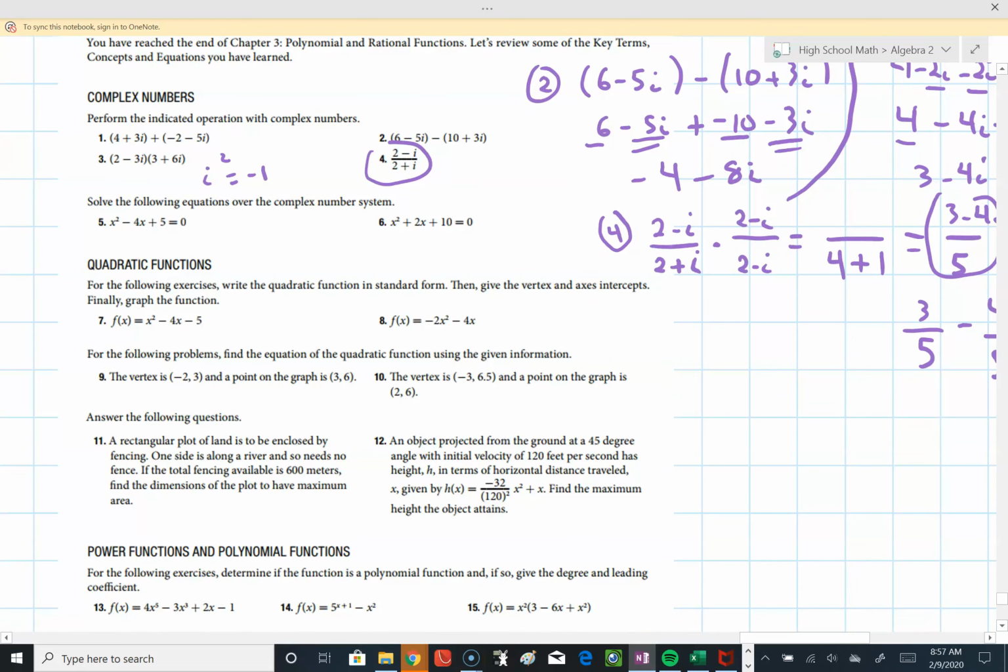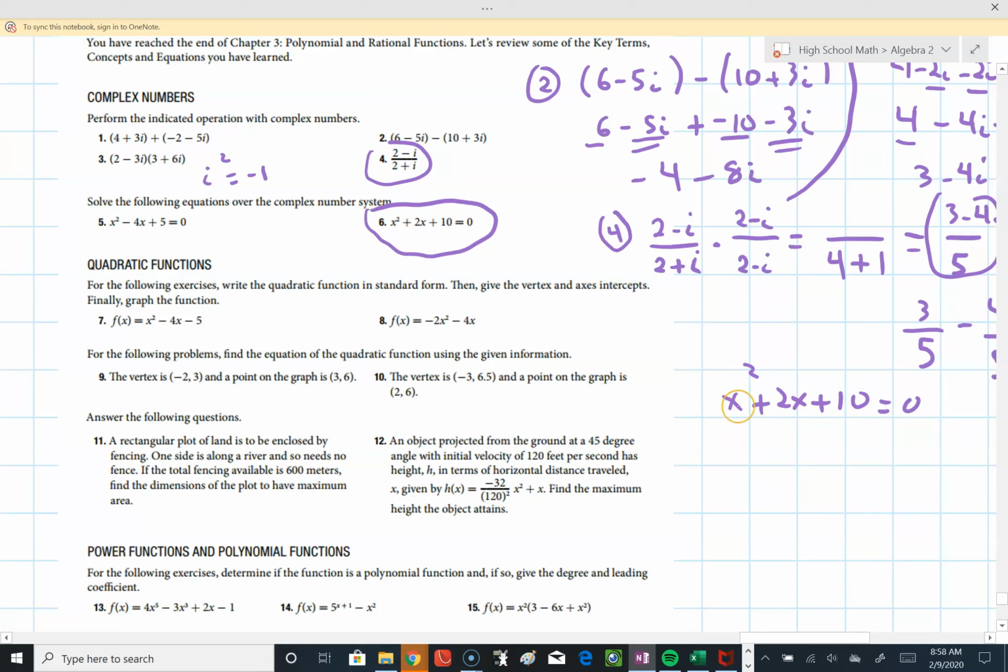Number 5 and number 6 say solve equations over the complex number system. I'm going to look at number 6 here. I'm going to go right to the quadratic formula. We have x squared plus 2x plus 10 is equal to 0. First we set the equation equal to 0, done.